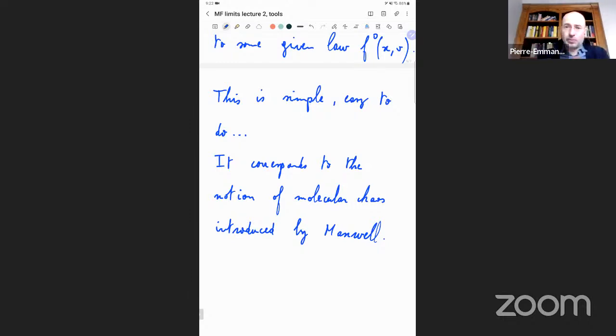They go all over the place. But at the time, this is the 1850s, no one has ever seen any molecule. And most physicists don't actually believe they exist. This is the very famous atomic controversy of the 19th century, which was actually only settled at the beginning of the 20th century.